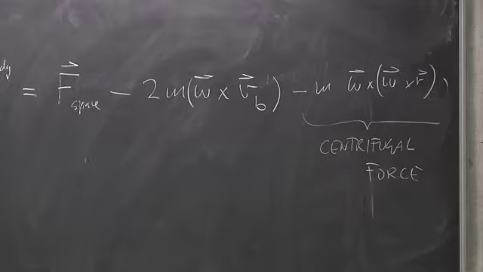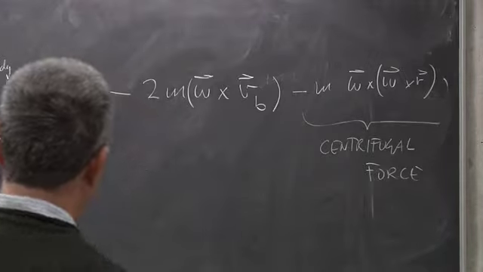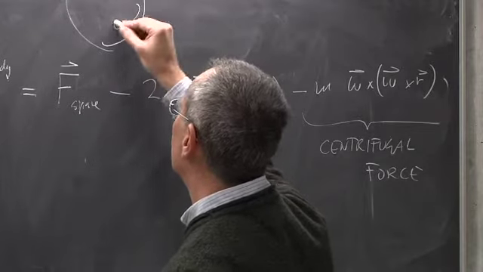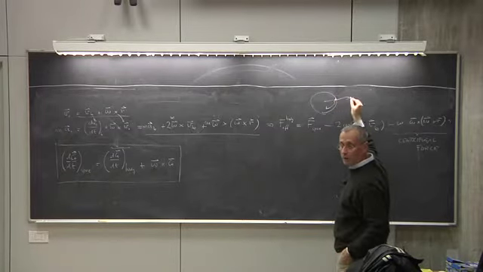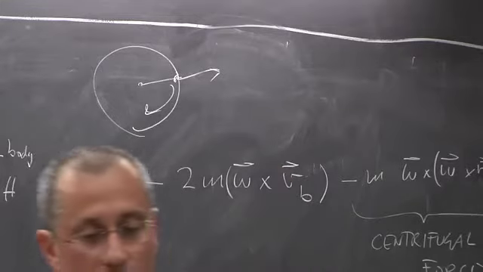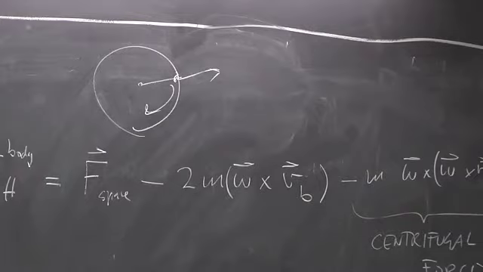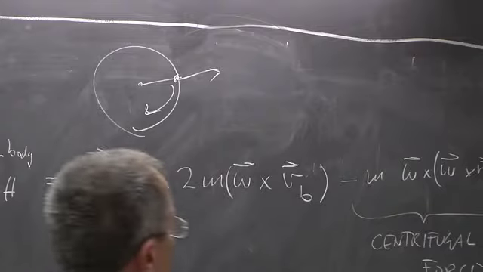Okay, you are familiar with this? So if you are on a disk that is rotating and you are here, there is a substantial force that is throwing you away, right? And you can think of that as the same if you rotate a ball attached to a line like this, right? It rotates. And the line connecting the ball is each time acting and compensating this centrifugal force, that would tend to toss the ball away. Okay, so this is a familiar term.